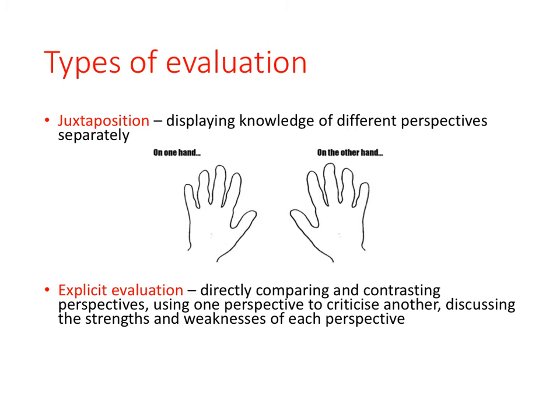So stronger candidates go beyond juxtaposition and they will explicitly evaluate the arguments that they present. They directly compare and contrast perspectives. They use one theory to directly criticise another, and they explicitly discuss what they consider to be the strengths and the weaknesses of the main arguments that they present.